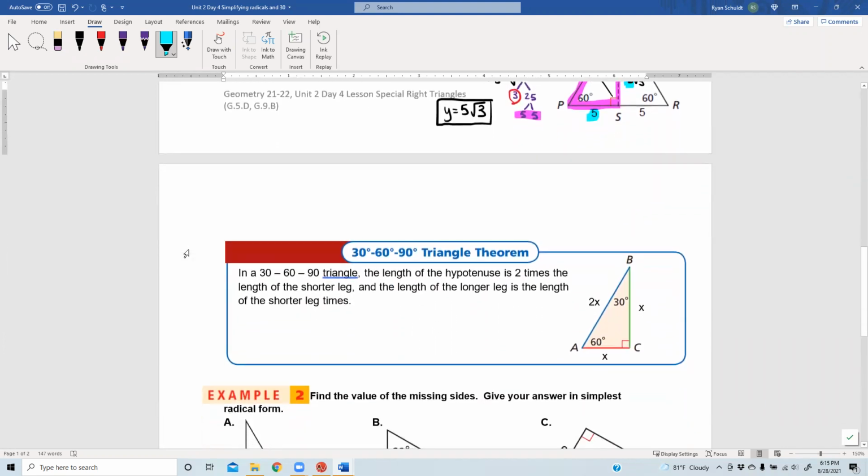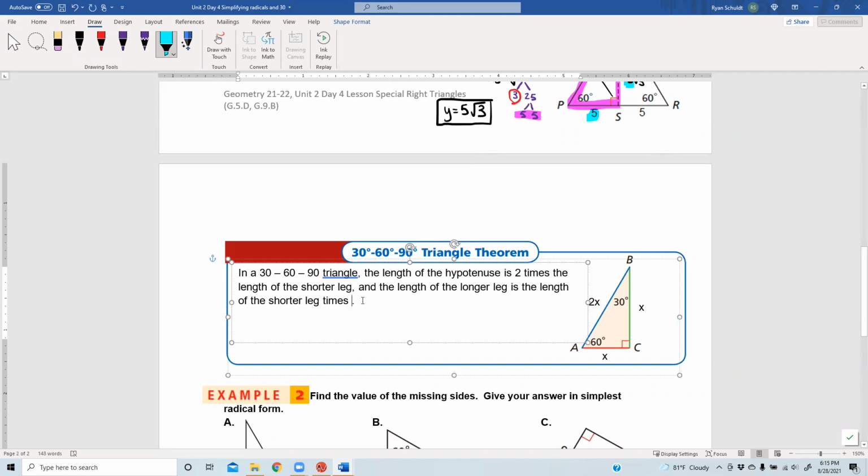There is. So in a 30, 60, 90 triangle, the length of the hypotenuse is 2 times the length of the short leg. And the length of the longer leg is the length of the shorter leg times... They left out the square root of 3 here.